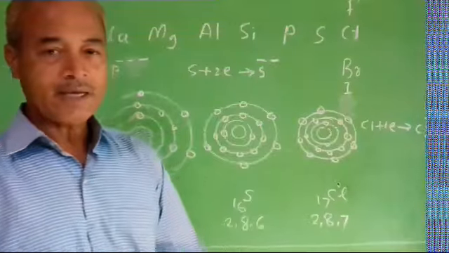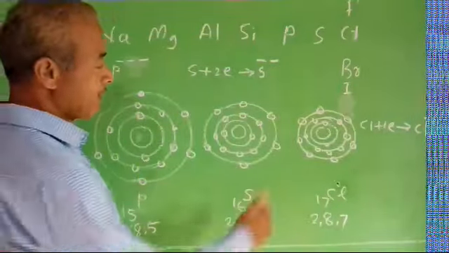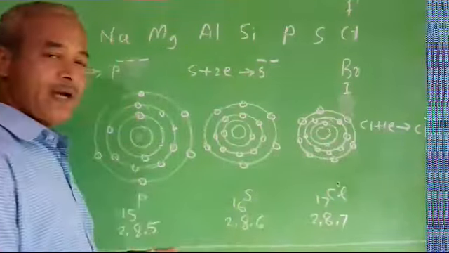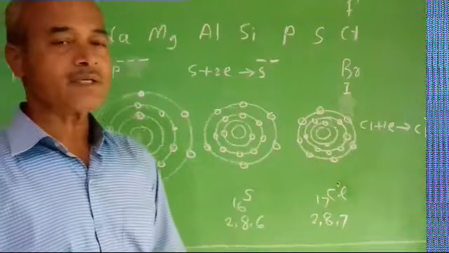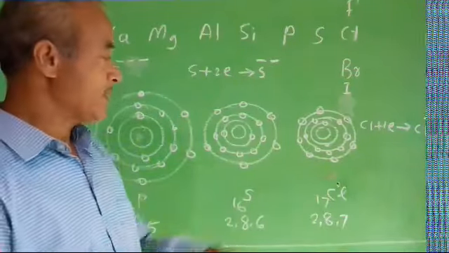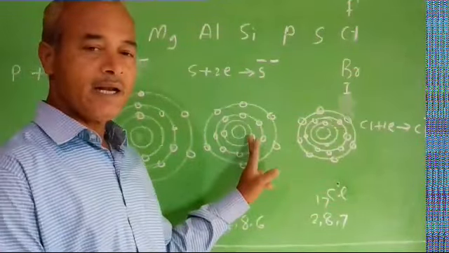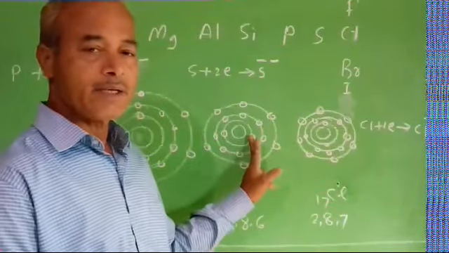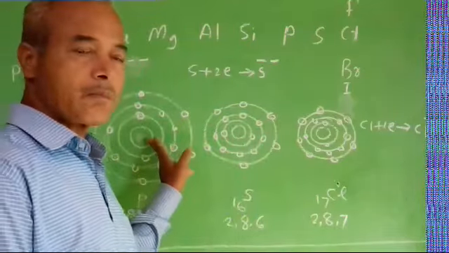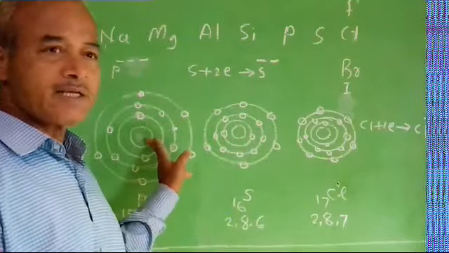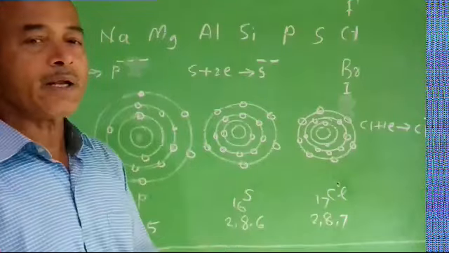So here, if we compare, the most non-metallic is chlorine. Sulfur is a little less non-metallic. Phosphorus is still a little less non-metallic.